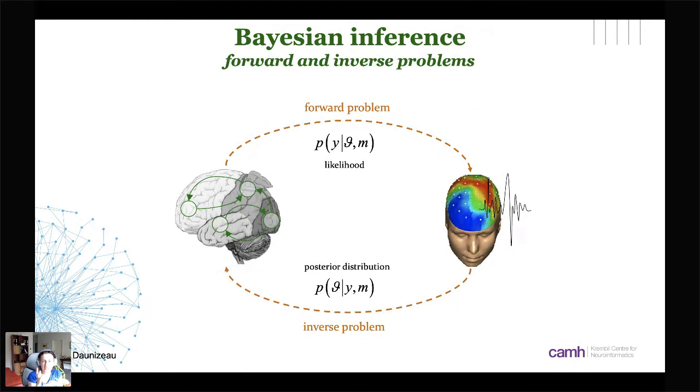So you can consider DCM for EEG as a complex source reconstruction method that has a great deal of biophysical detail on the side of the neuronal state equations that leads to a mapping onto observable signal. But in itself, one can consider it as a more sophisticated source reconstruction technique that is meant to solve the inverse problem.